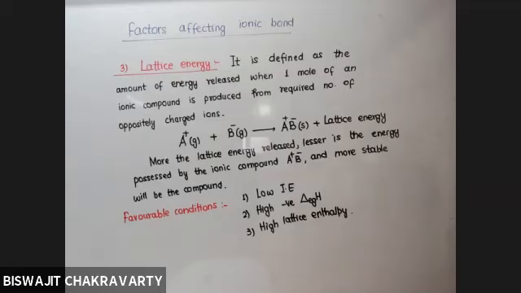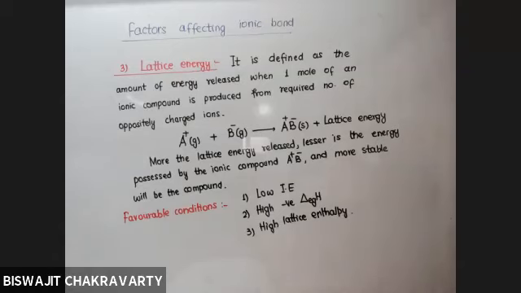So if you are interested in producing Avogadro's number of CaCl2, how many calcium ions will be required? Will it not be Avogadro's number? Yes or no? And how many Cl minus will be required? Will it be Avogadro's number or twice the Avogadro's number? Sir, twice the Avogadro's number.